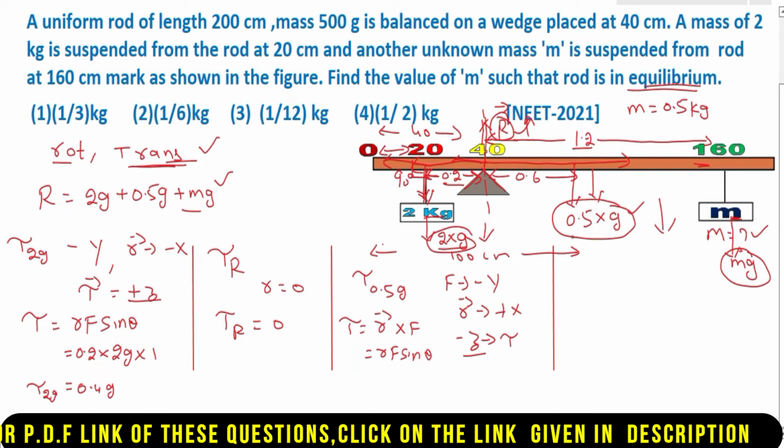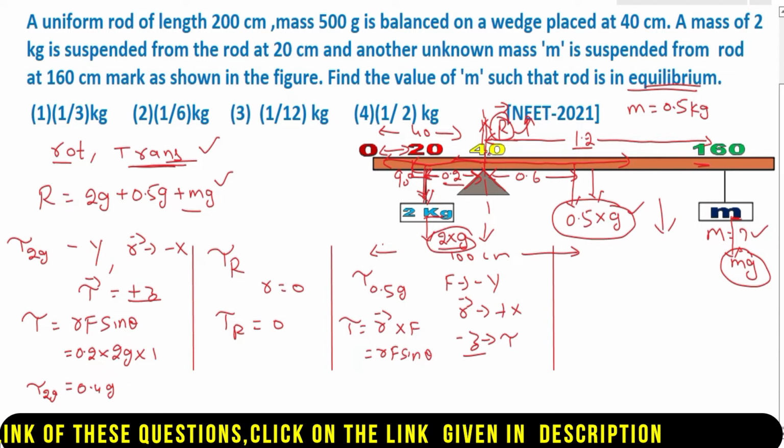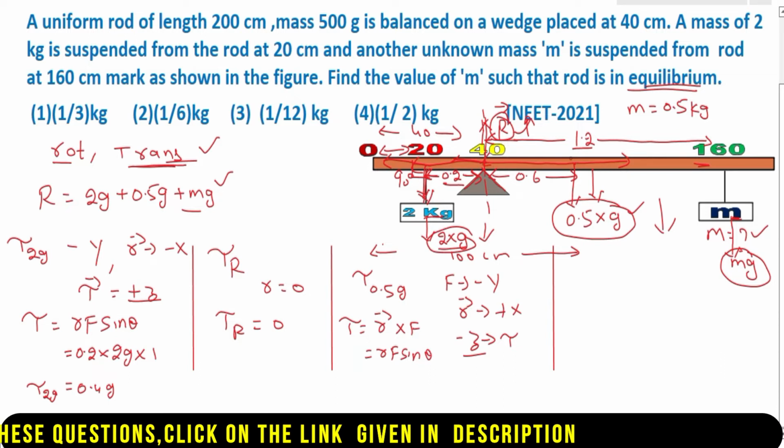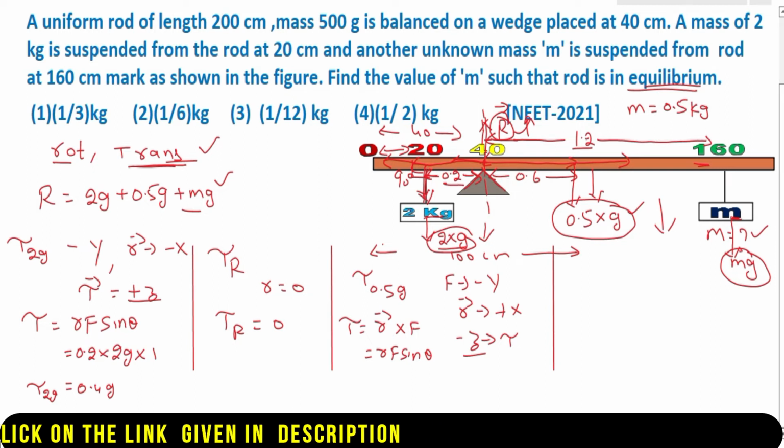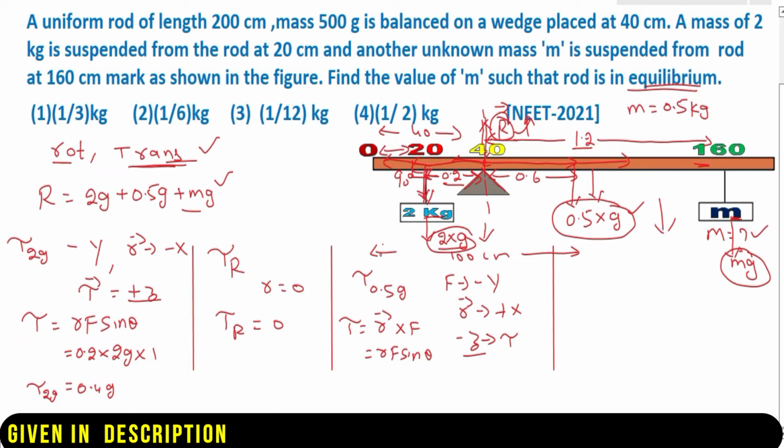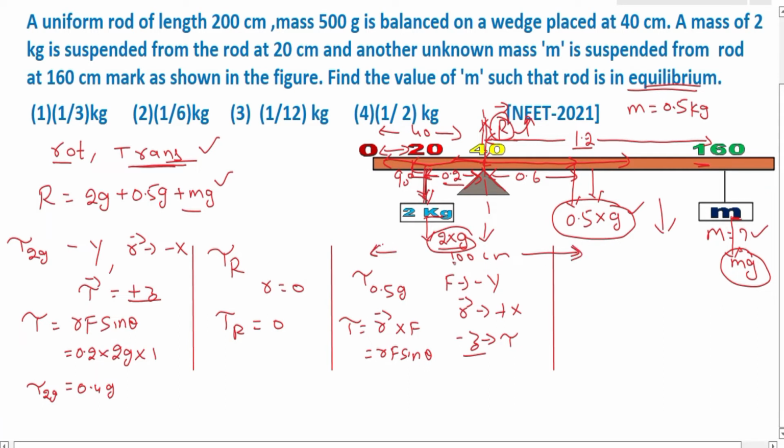So what is the value of r? R is nothing but this distance. He said that the length of the rod is 200 centimeters, out of which this distance will be 100 centimeters. Out of this 100 centimeters, this distance is 40 centimeters, then this will be 0.6 meters.